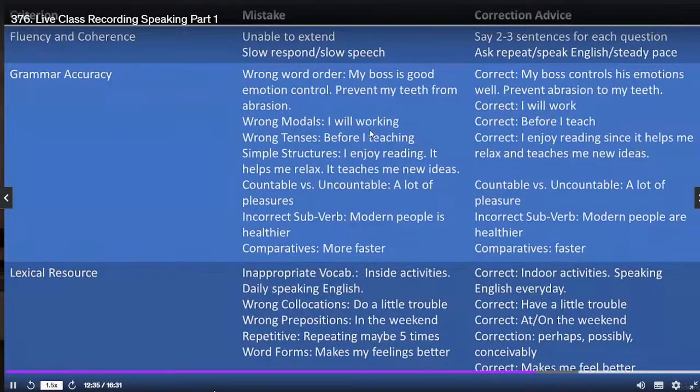This is something else I'm going to pass along to you also. It deals with mistakes that are made in the different areas. Especially pay attention to the grammar accuracy in terms of the mistakes. These are a lot of the mistakes that I hear over and over again: wrong word orders, wrong modals, wrong tenses, countable versus uncountable, comparative, subject-verb agreement.